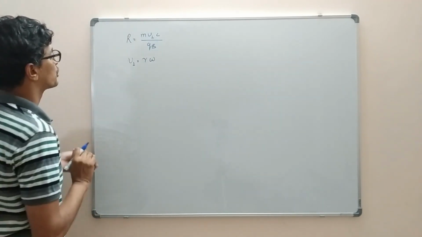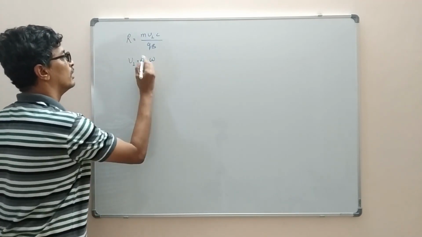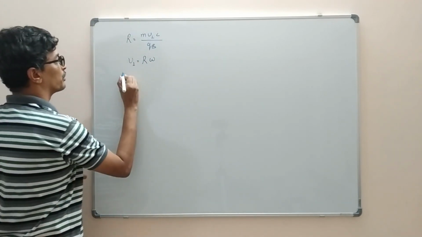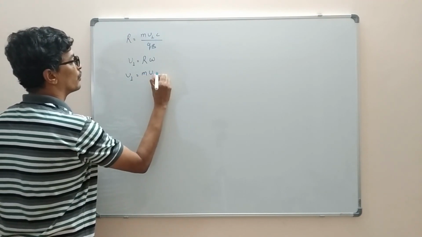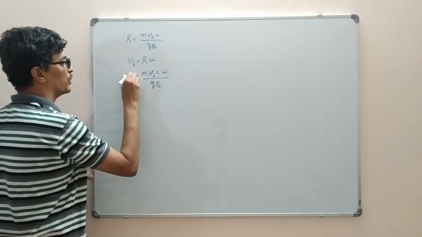Now when we substitute R from here, oh, sorry, this is a capital R, the radius. So if you substitute the R here, what you are going to get is V perp equals M V perp C omega divided by QB, and V perp cancels.